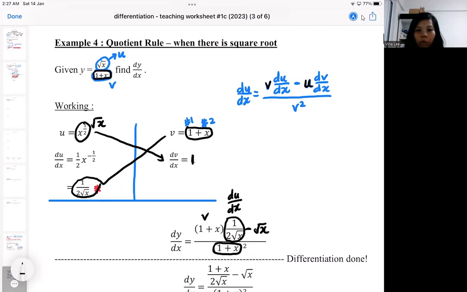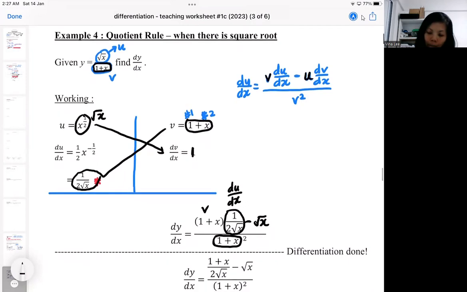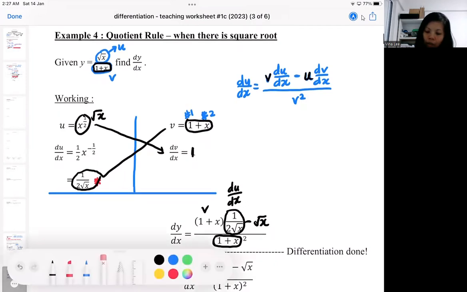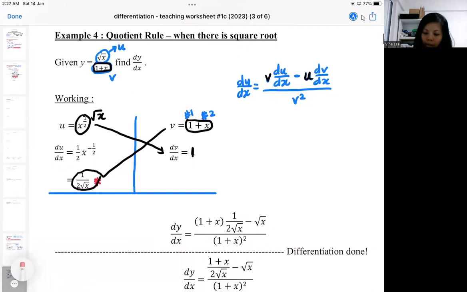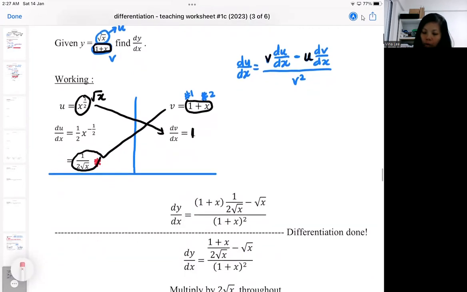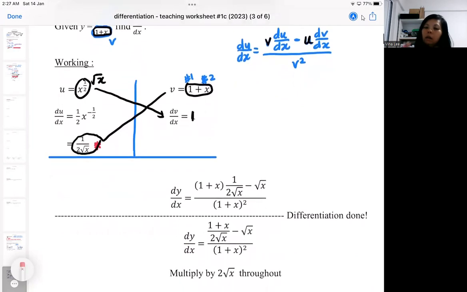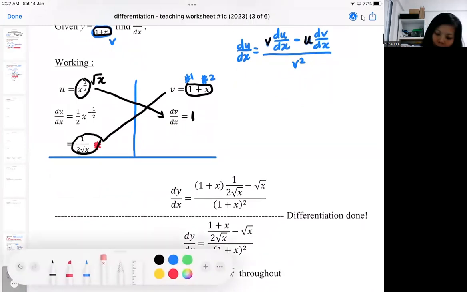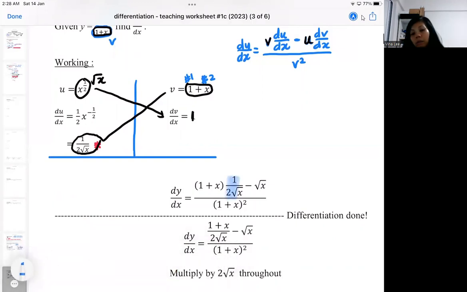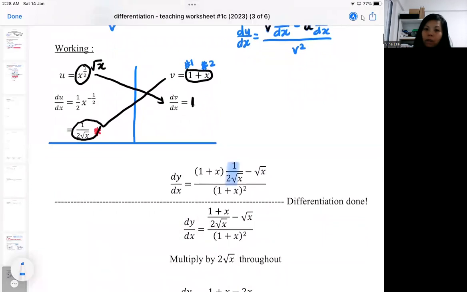Once you successfully input your mini differentiation into the formula, the differentiation is done already. The complex part is that the quotient rule itself is a fraction, but I got another fraction here. So it looks very, very complex. What will be the technique?